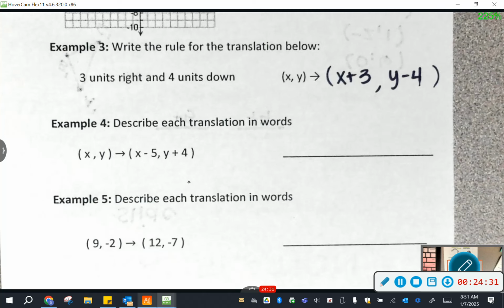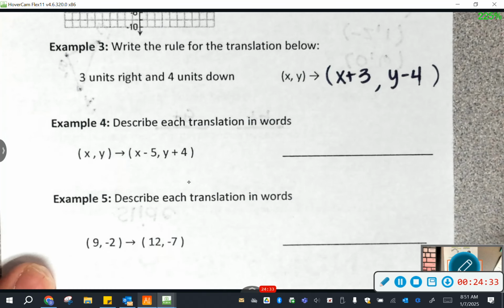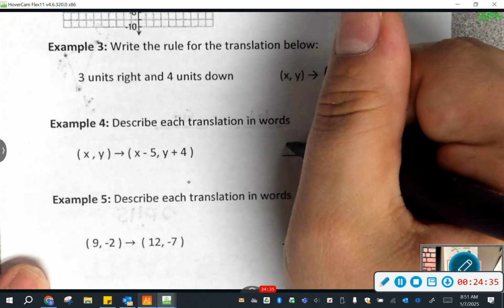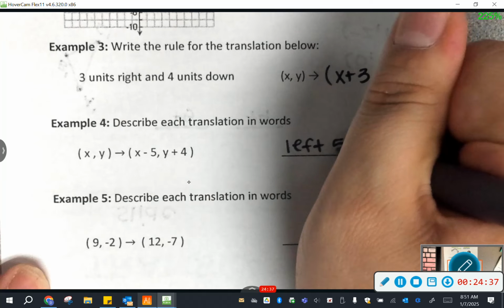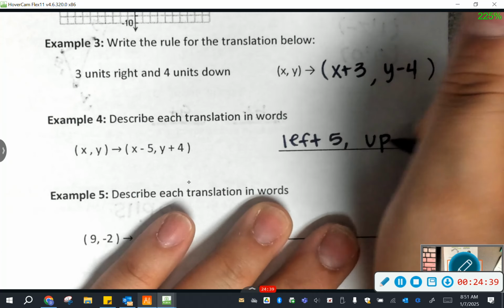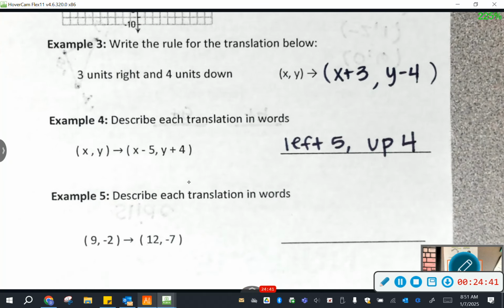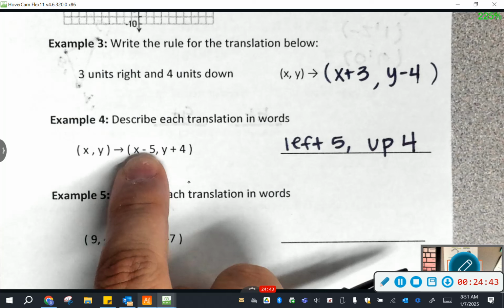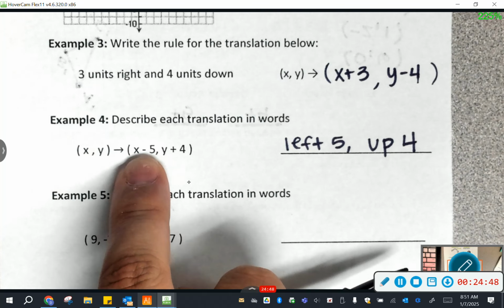What'd you get, Alex? Left 5, up 4. Perfect. Because it's negative. Does that make sense? Okay.